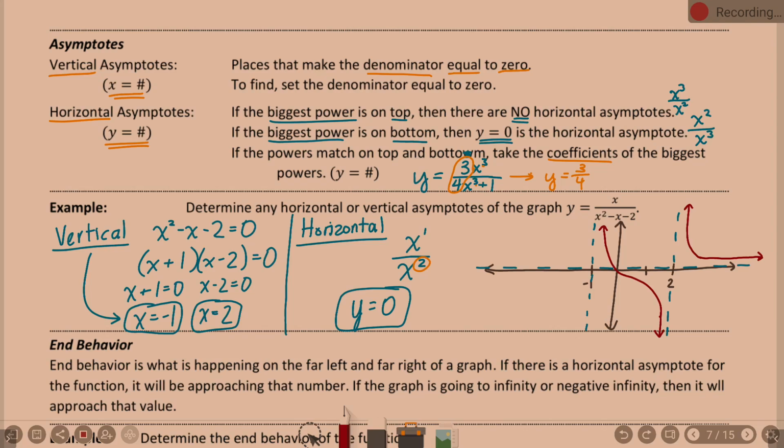This is not a perfect graph, but you get the idea. Now, I have a vertical asymptote again. General rule of thumb is my graph switches signs. So it's going to go from positive to negative, and guess what? It's going to be down here. As it hits that horizontal asymptote, it's going to run alongside of it. End behavior: this graph is going to approach 0 as it goes infinitely out left and right.